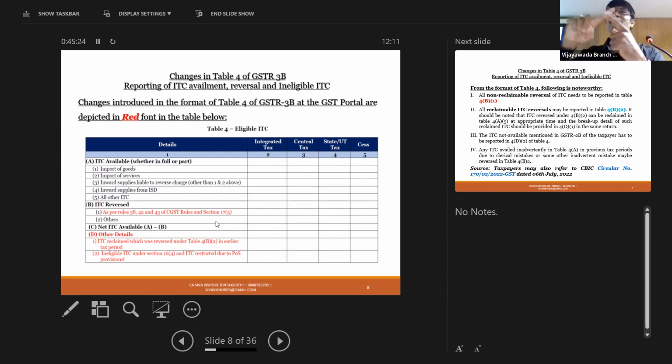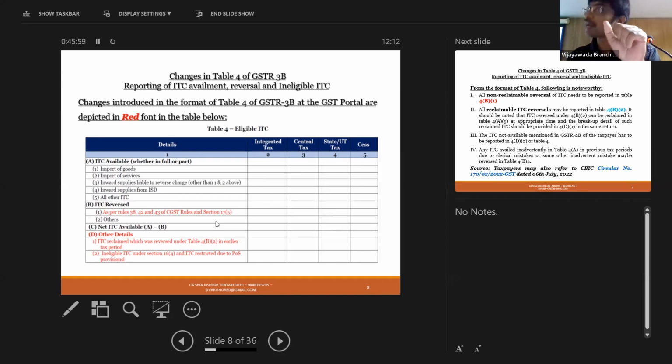In June, April pending in May, April reflected in June, May reflected in June, May balance, June reflected in June. But June still to be reflected, and there are certain invoices which have not been ported to 2B. Again, non-reflection is of two types: late filing, non-filing. Non-filing, it will never be reflected in your 2B in the next month also. Late filing, at least it will be available in the next month.